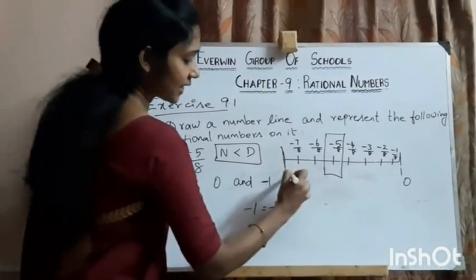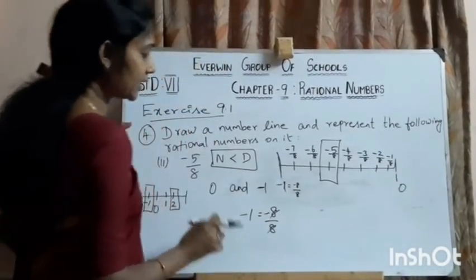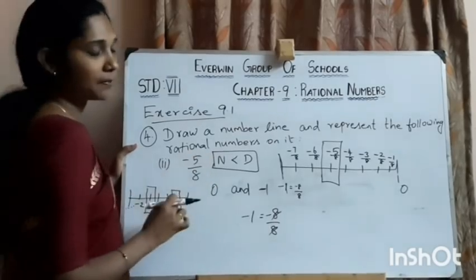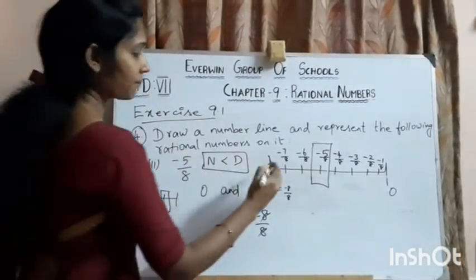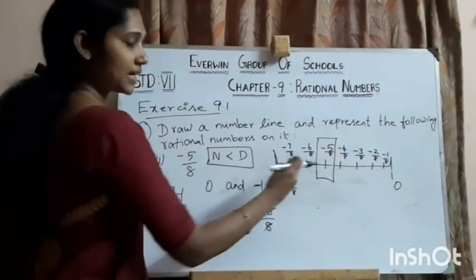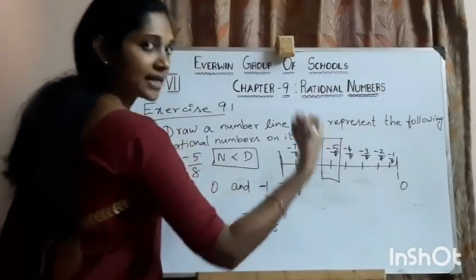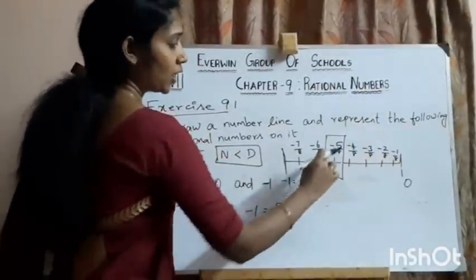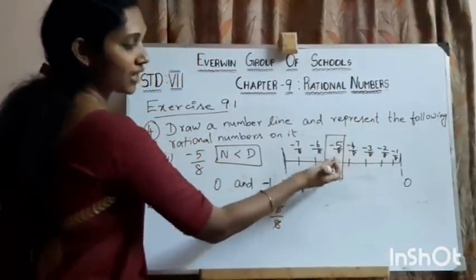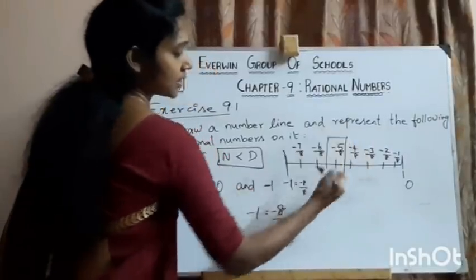So minus 1 I have written, 0 I have plotted. Now I am going to plot minus 5 by 8. Minus 1 is nothing but minus 8 by 8. Okay. So what will be the next number? Minus 7 by 8. Then next one is minus 6 by 8, minus 5 by 8 and so on. Now minus 5 by 8 we have found. So you can plot this. Got it?